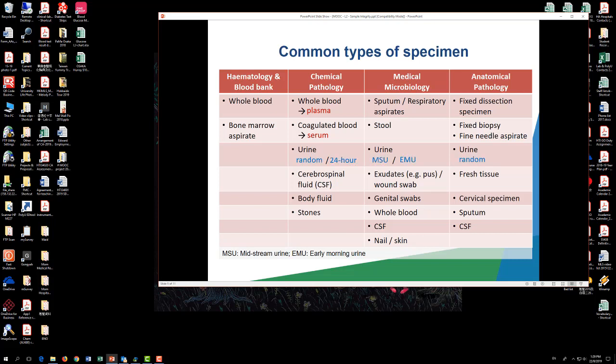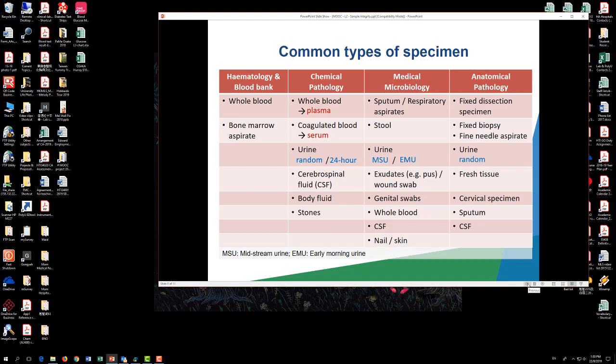And for the urine sample, it is not just collected randomly or all of it. In chemical pathology, we usually collect random urine or 24-hour urine for analysis.